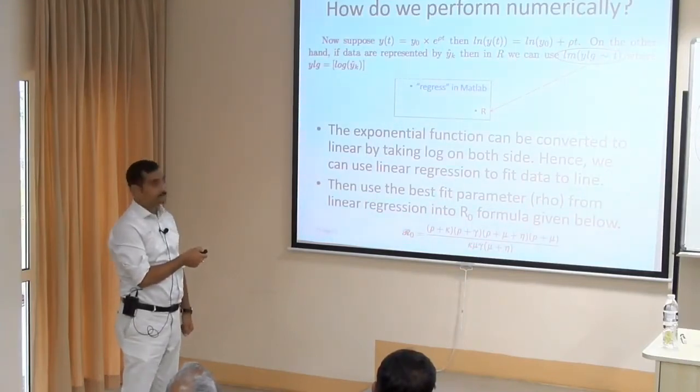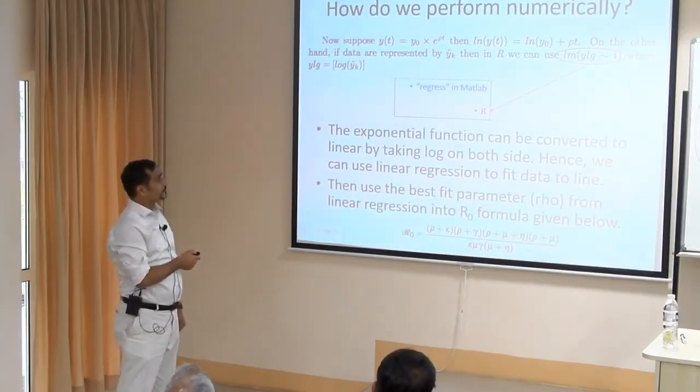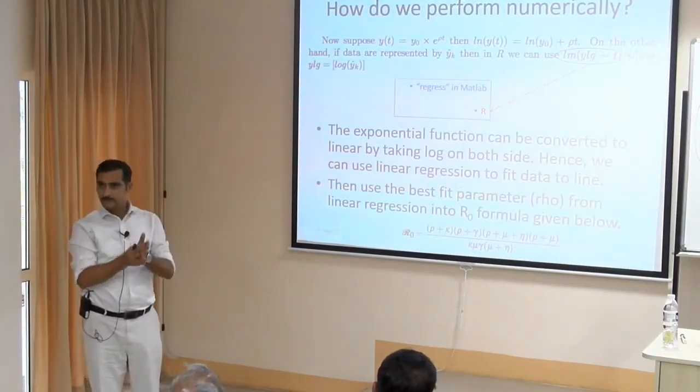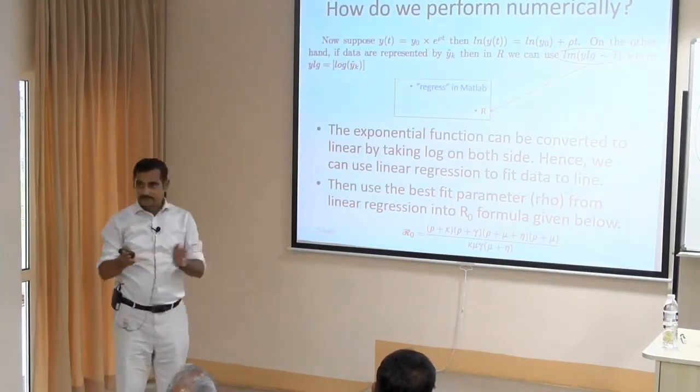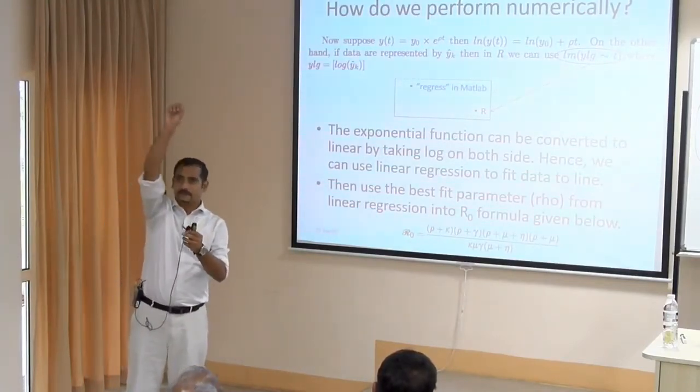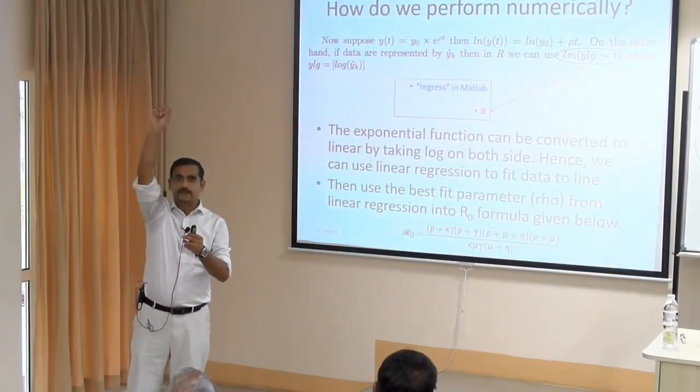Is that okay? So then what we have to do is use the data in log form over time. What is the data? Over time you have the number of cases that have been reported, right?